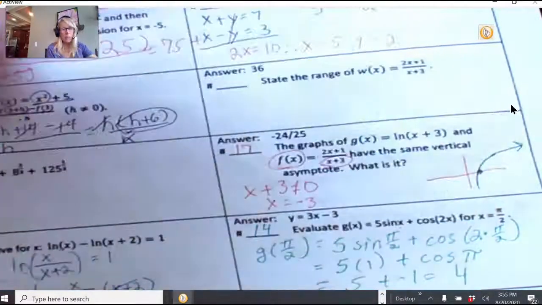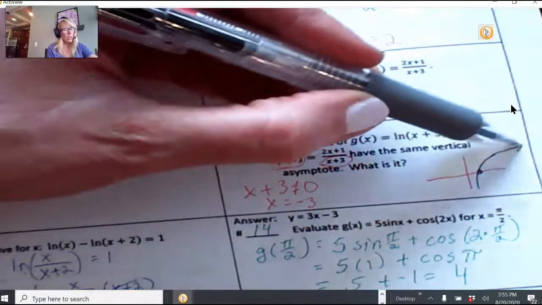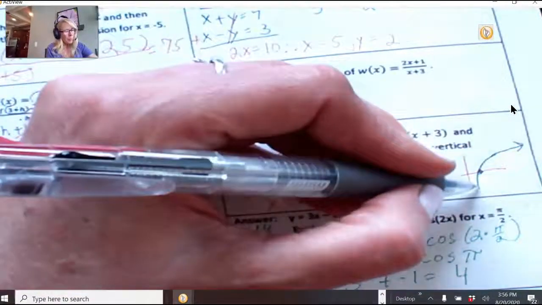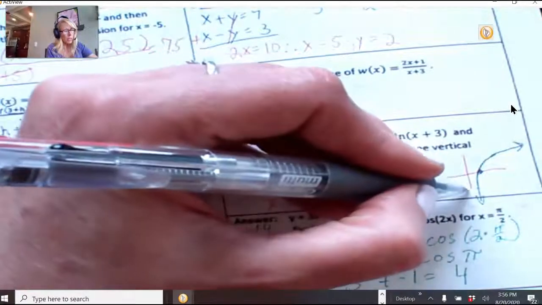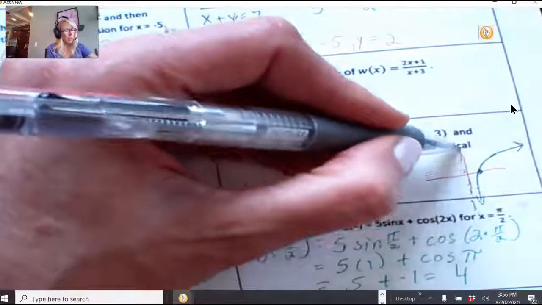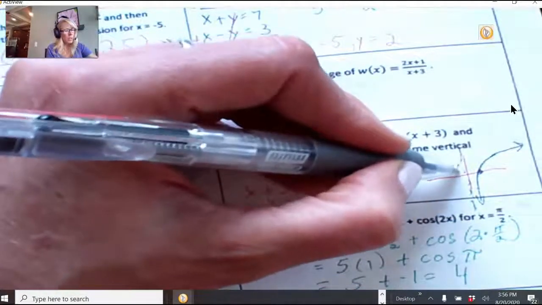It looks like it's leveling out. It just goes up slower and slower, but it continues to inch up and up forever and ever. And this goes down forever and ever, but it never touches that y-axis. So the vertical asymptote falls right there at x equals 0.